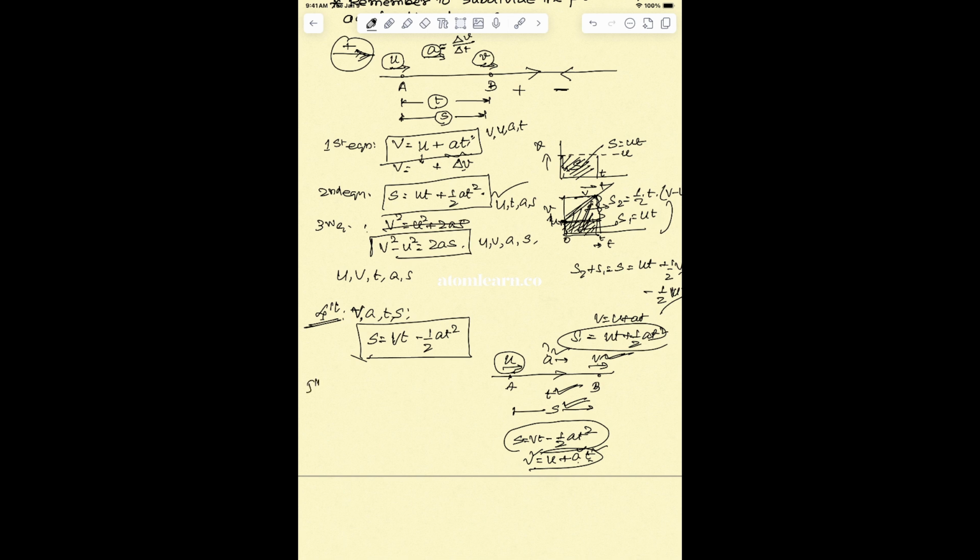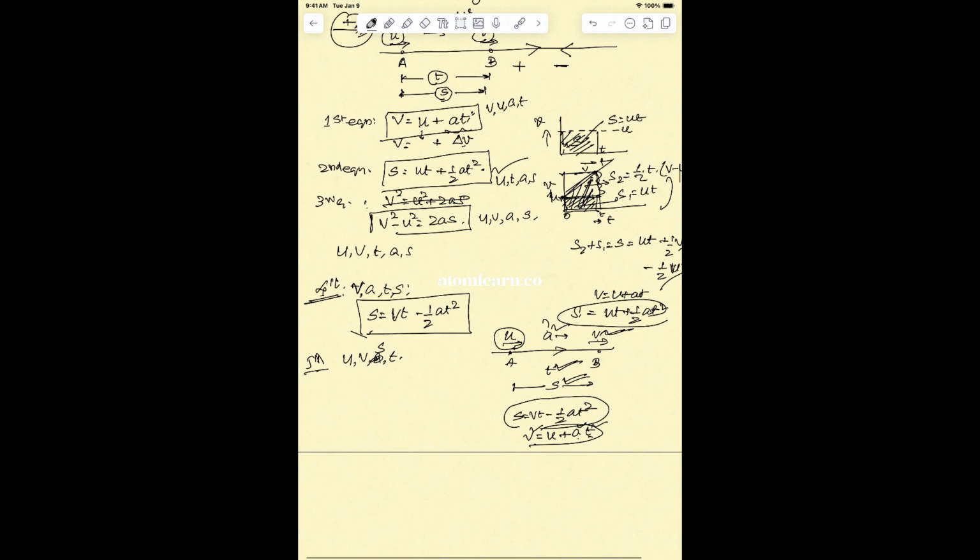Now, the fifth equation which is left out is a combination of U, V, S and T. Now, this combination of what is left out, therefore now we can combine them like this: S equal to (U plus V) by 2 into T. Now this is the fifth equation.